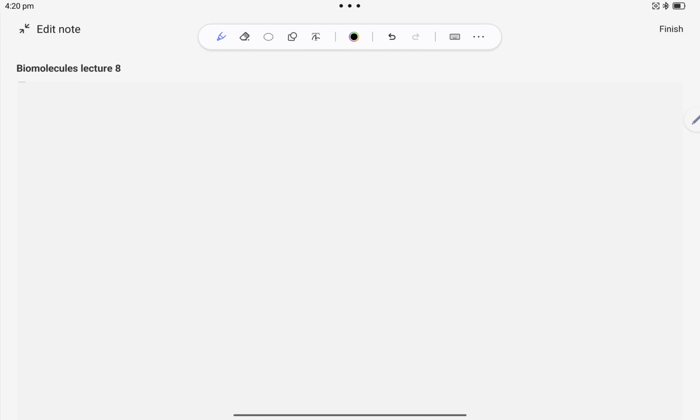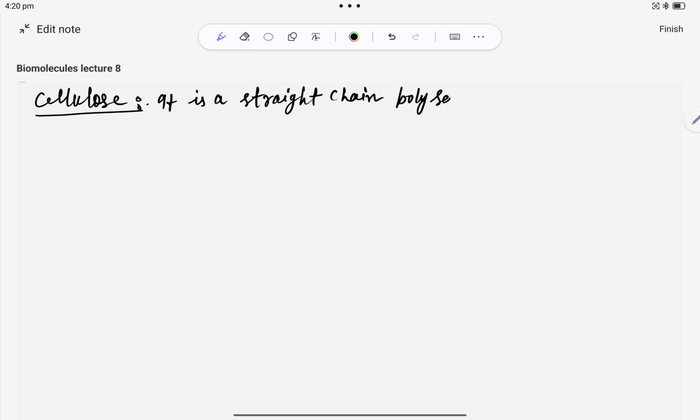Next come to the cellulose. It is a straight chain polysaccharide composed only of beta D glucose.